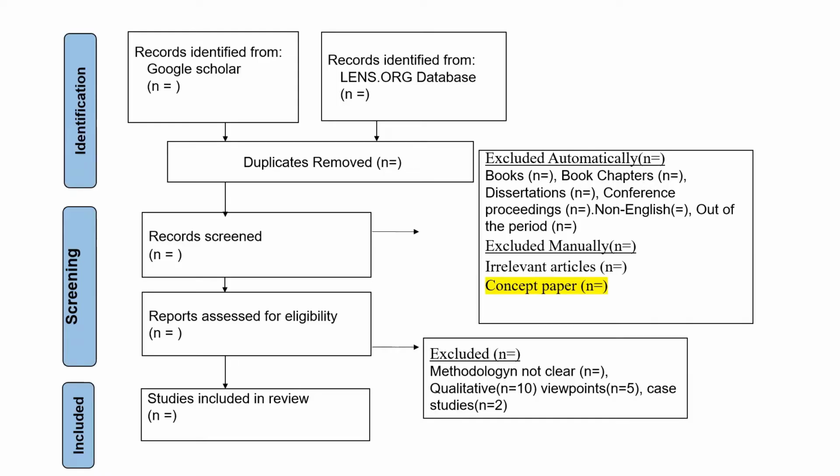So I advise you to use the Prisma framework rather than the others. If you are going to use other frameworks, which are almost the same, you must have a clear justification, because sometimes journals that are very interested in Prisma may raise questions, why didn't you use Prisma, right?